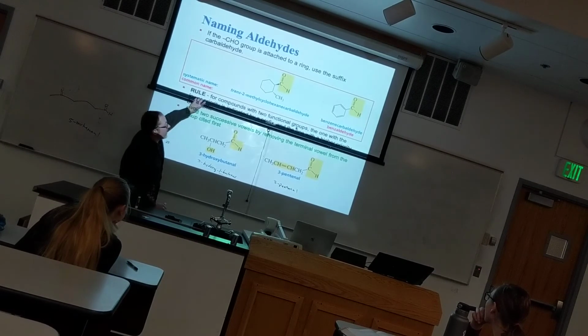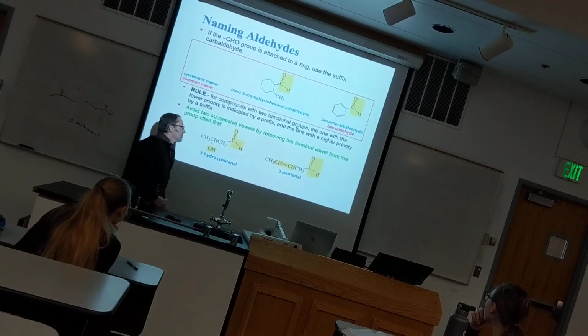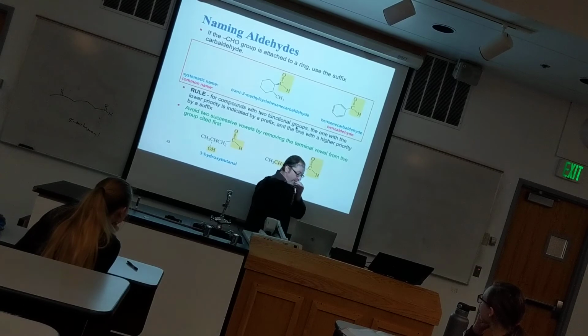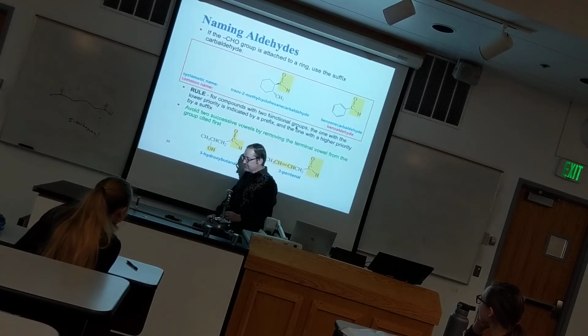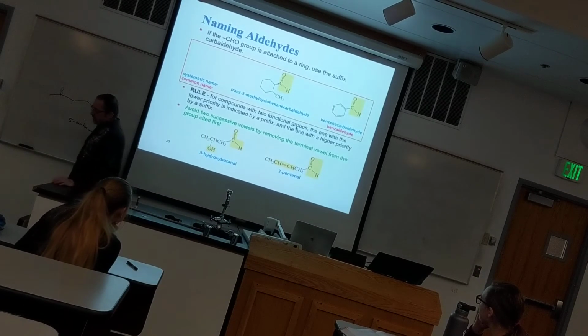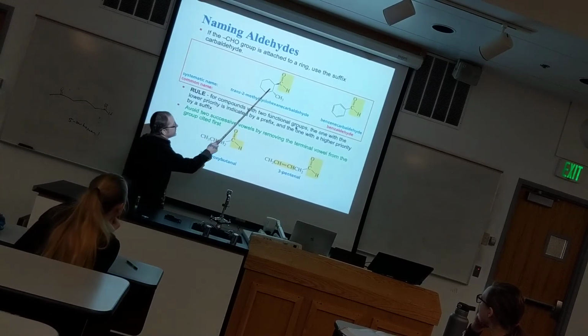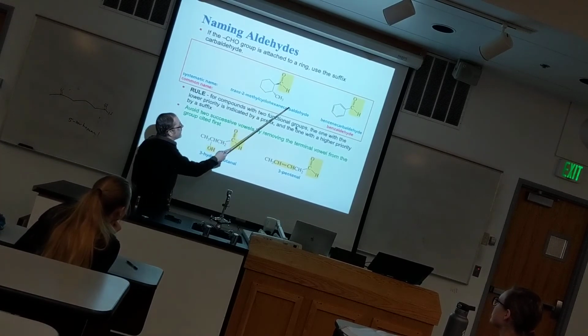No? Okay. When it comes to the ring forms, this is a little bit painful because it sounds like something you're putting in your car. But the cyclohexane aldehyde is called cyclohexane carbaldehyde.